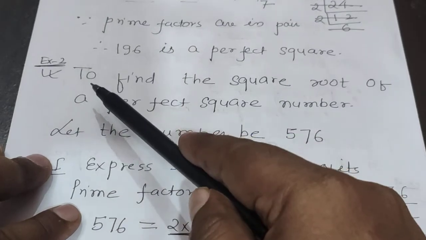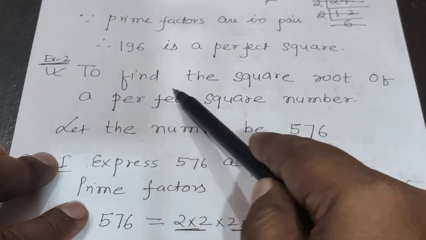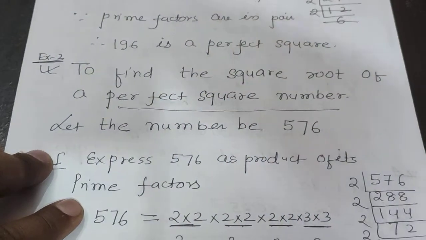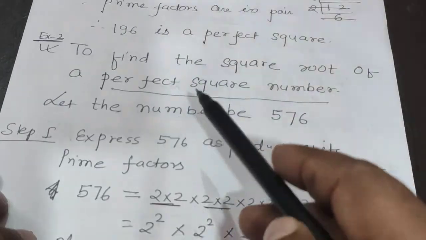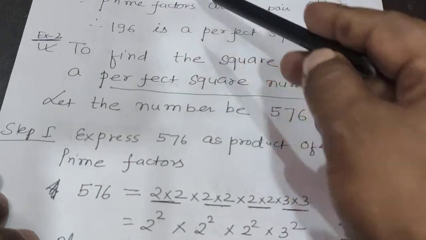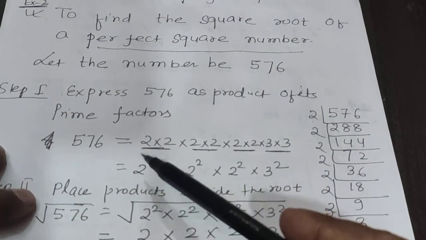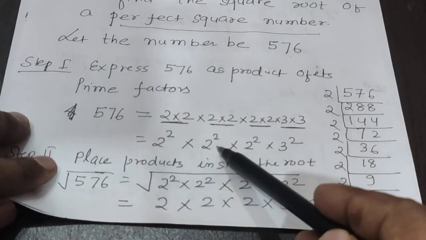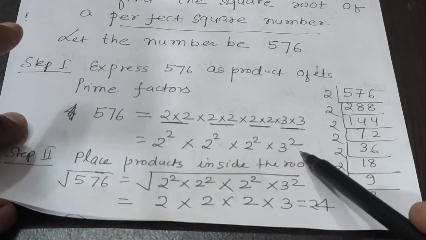Now we'll come to example number 2. Example number 2 is to find the square root of a perfect square number. The number given will be a perfect square. So let the number given be 576. As I have explained earlier, in the same way 576's prime factorization is done. You will find that it comes out as 2 square into 2 square into 2 square into 3 square.